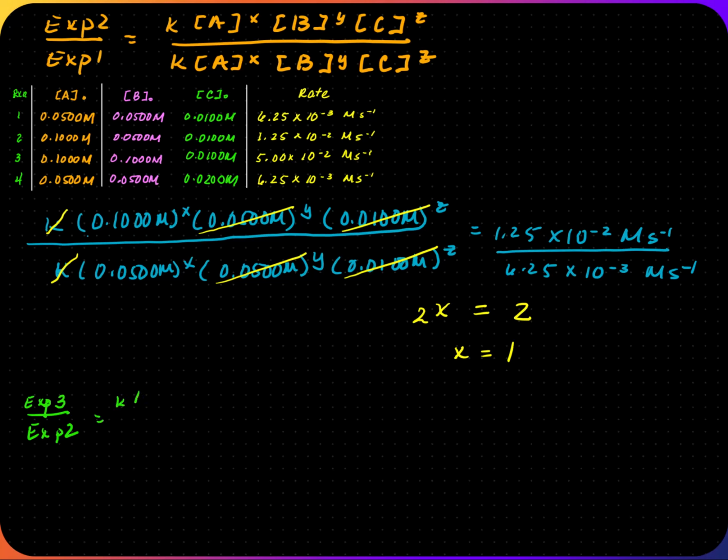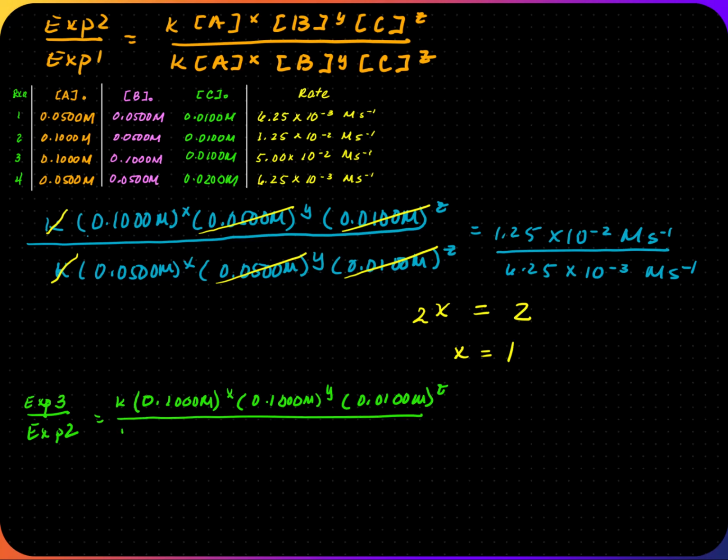So that's going to be K times the concentration of A, which is 0.1000 molar to the X, concentration of B, which is also 0.1000 molar to the Y, and then concentration of C, which is 0.0100 molar. And again, we chose experiment 2 and 3 because A and C will cancel out, so we are only left with one unknown, which is B.